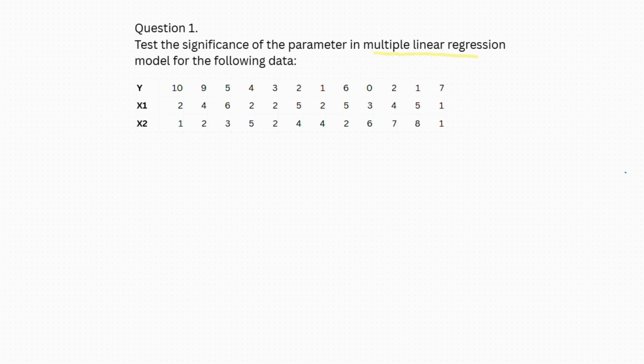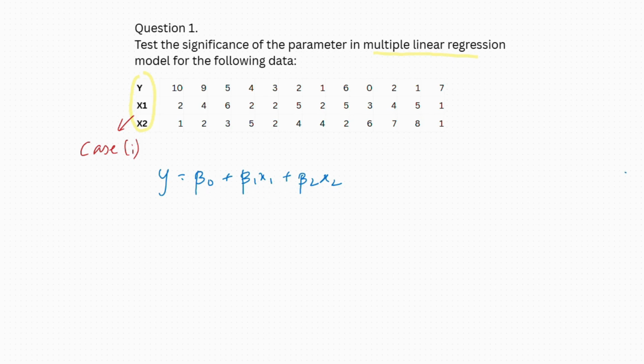In this question we can see that there are 3 variables, so we have to use case 1. Case 1 means we have the equation y equals beta naught plus beta 1 x1 plus beta 2 x2, and here beta naught, beta 1 and beta 2 are the parameters.